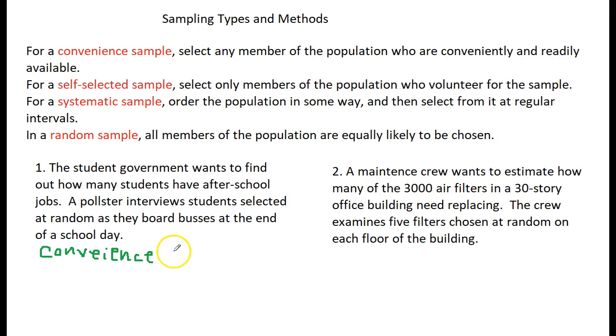Now, is there any bias? Well, I would have to say yes, there is some bias because it's over representing students that ride a bus.